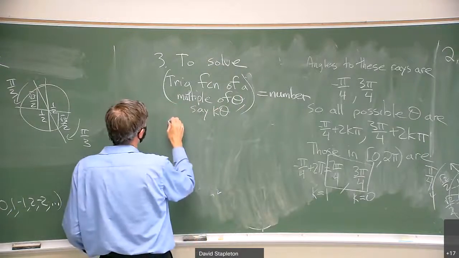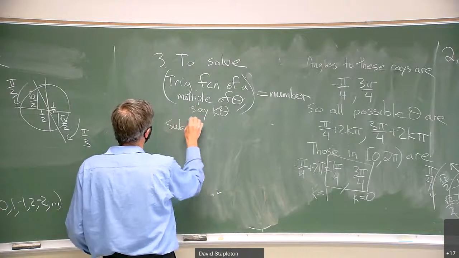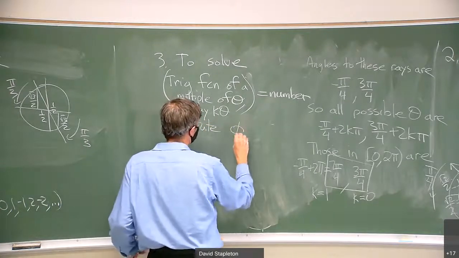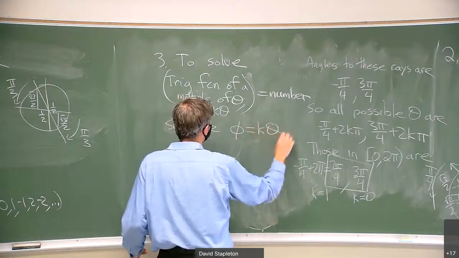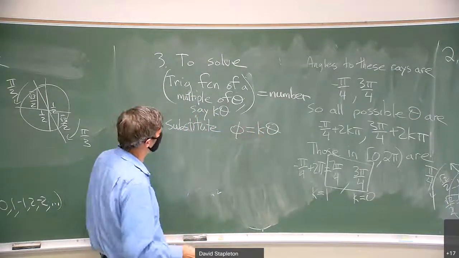To solve that, simply put, substitute. Your favorite letter, let's say phi equals k theta. Finish: trig function of phi equals the number, solve it by your previous method.